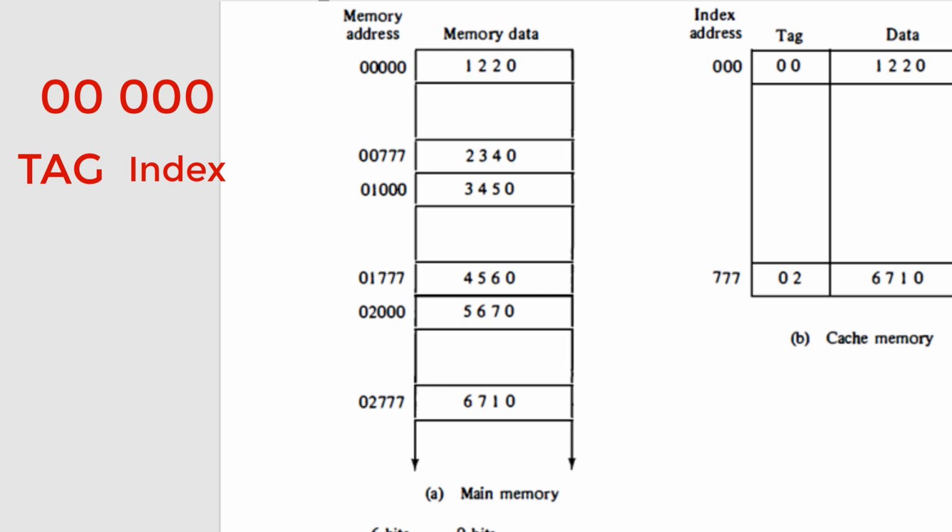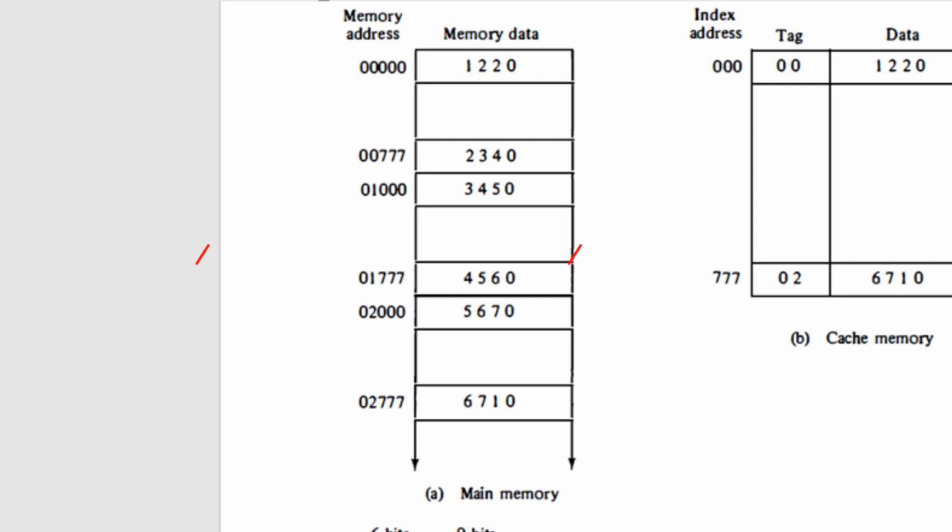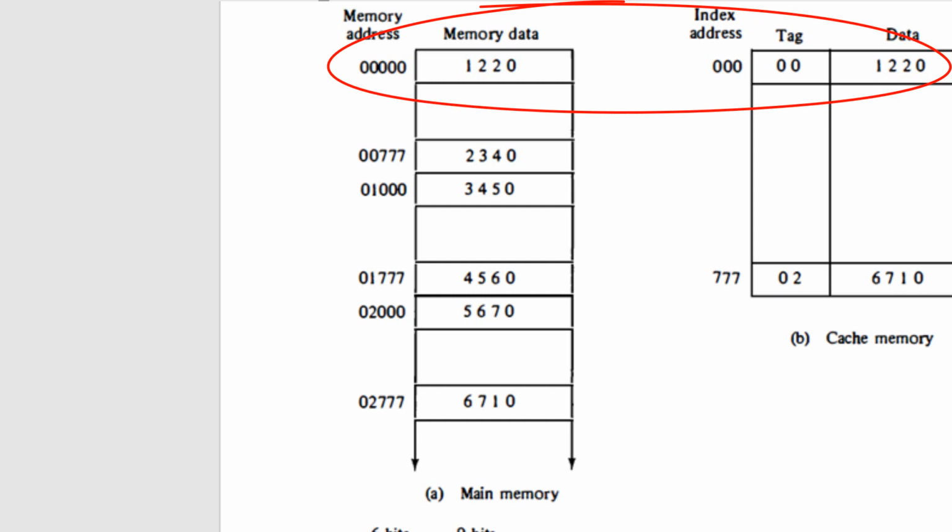The tag part here is 00 and the index part here is 000. Now if you compare it with the cache memory, we have the index part outside the cache, which is used for addressing the content, and the tag part is inside the cache. If you compare main memory and cache memory, the content of both memories in the first place is the same.